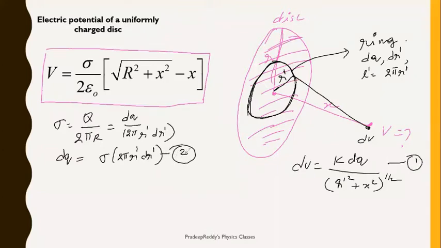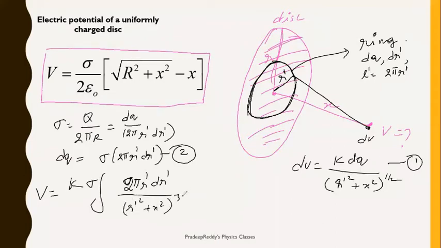Take equation 2, substitute in equation 1 and integrate it. V will be equal to K and sigma, the constants, I am bringing them out. Integration of 2 pi R dash dr dash divided by (R dash square plus X square) whole power 1 by 2, and the integration limits are from 0 to small r, because from the center you are bringing it to the last point, so that will be 0 to r.